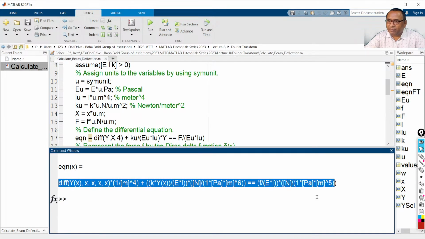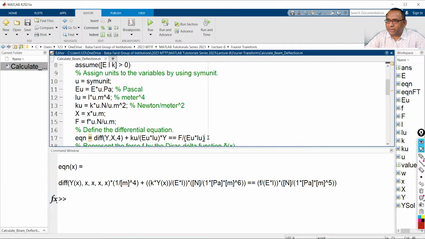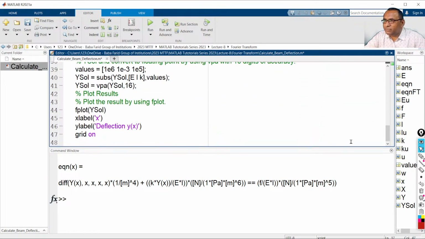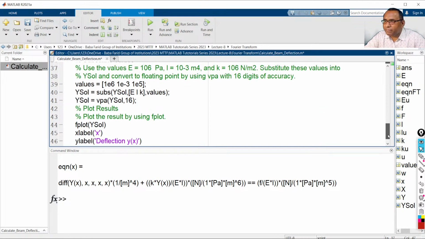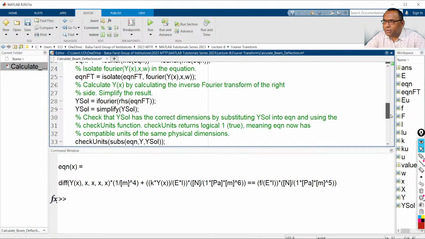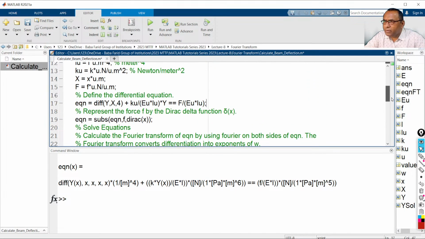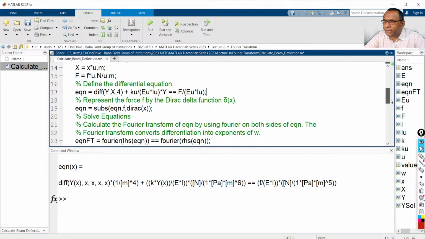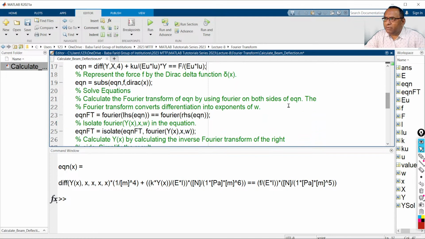You can see here, and then after equation subs equation, we assign the value of f is equal to Dirac f.